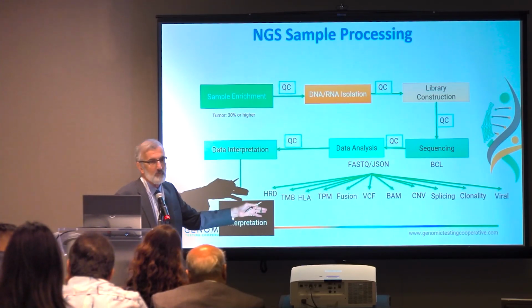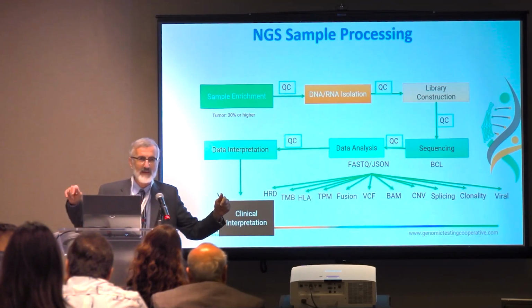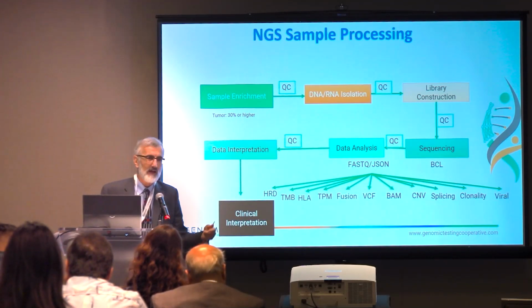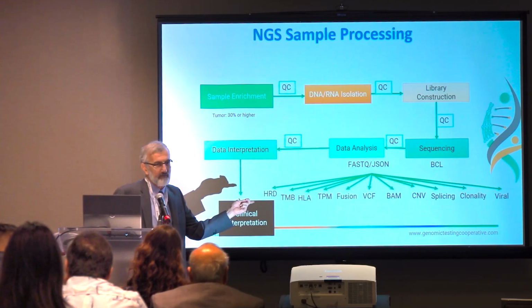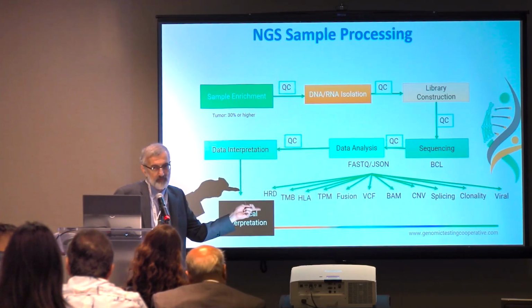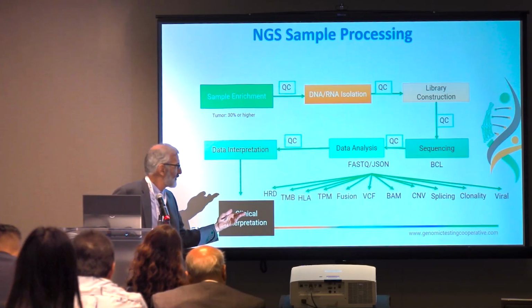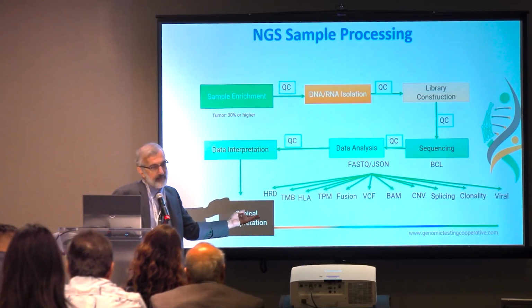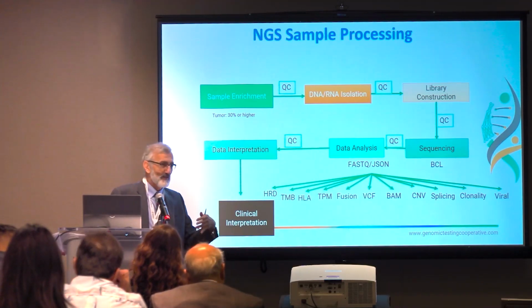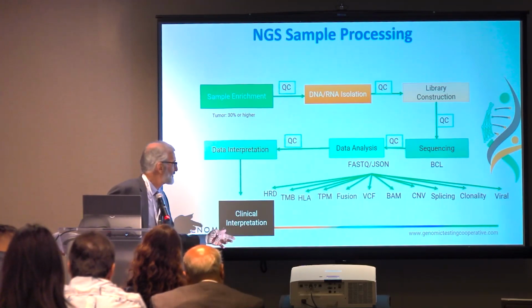For TPM, which is quantification of the RNA, that's transcripts per million. That's what TPM stands for. So you want to use a different software for that. We are interested in the HLA, so genotyping. It is a different software for that.